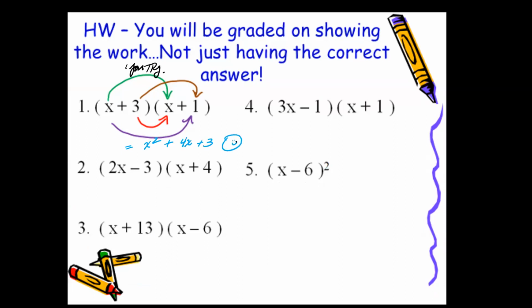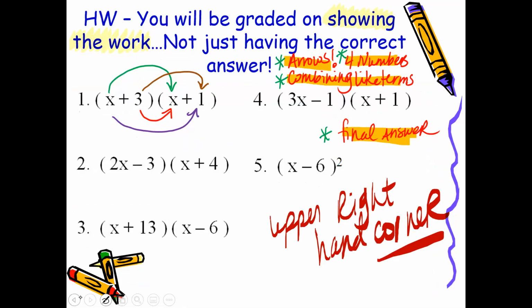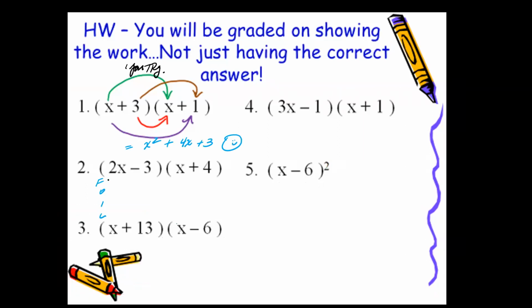All right, I'm going to go over number 2 with you guys. Okay, so FOIL. So first is going to be 2x times x because these are the terms in the first. So that's a 2x squared. Outer are the two terms on the outside, which is 2x and positive 4. Then you want to look at the terms on the inside, which is negative 3 and x.